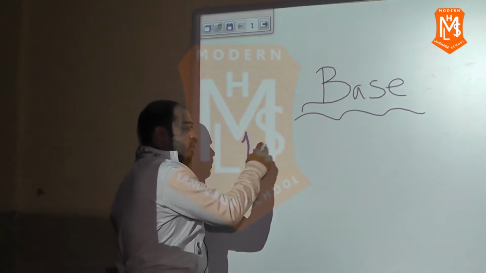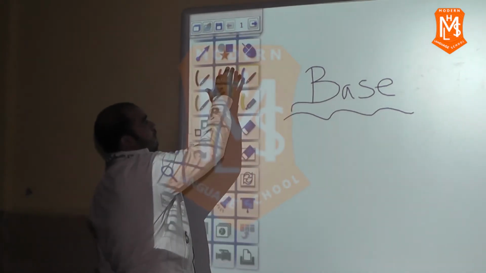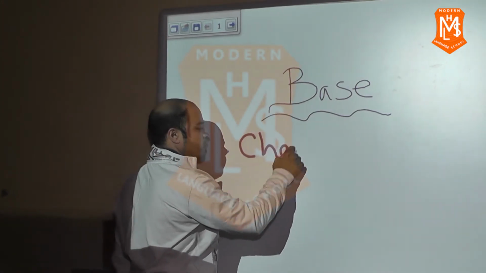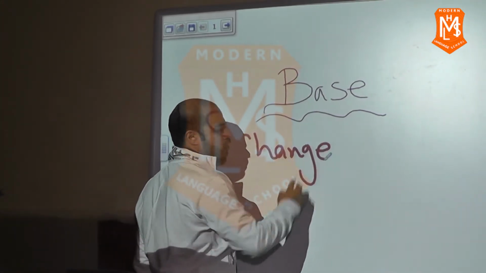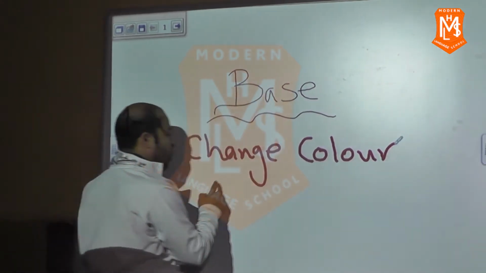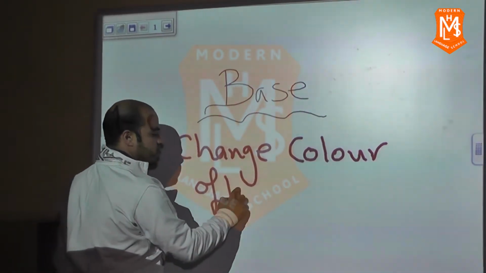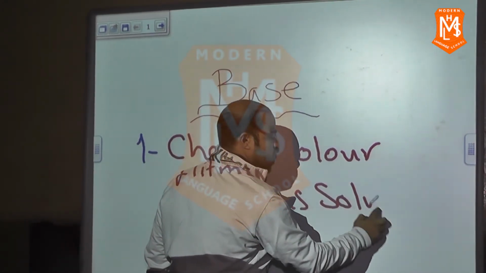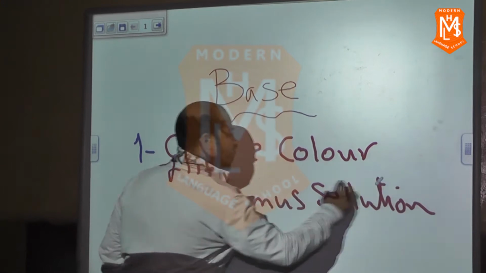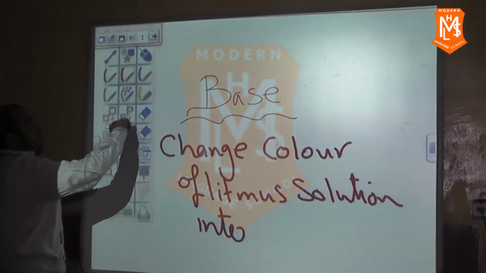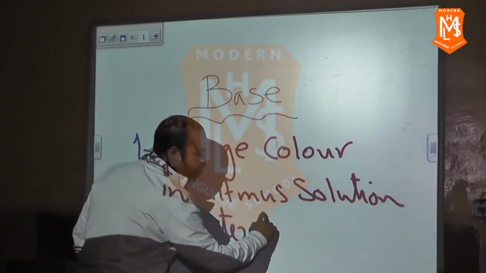So a base changes the color of litmus solution into blue.